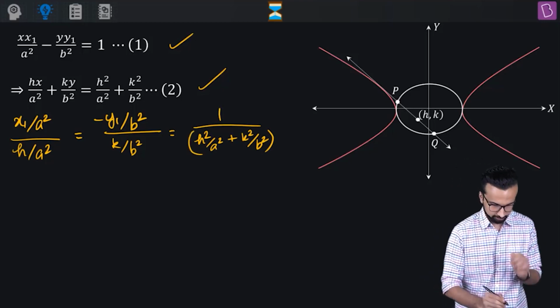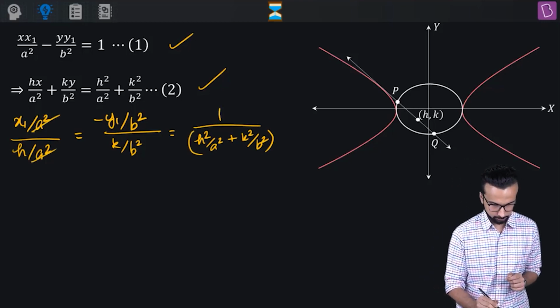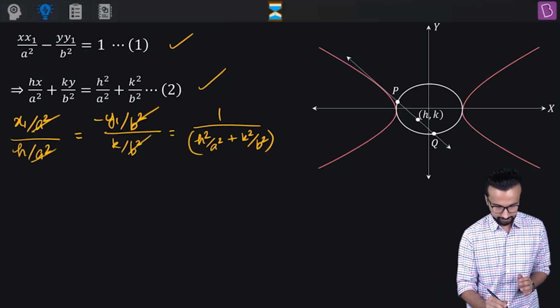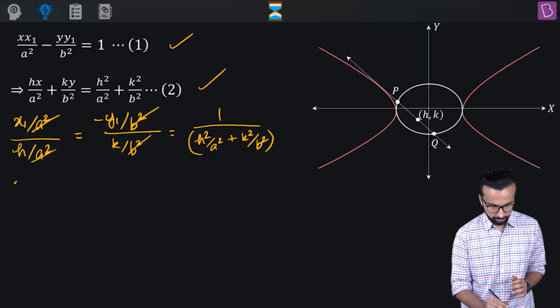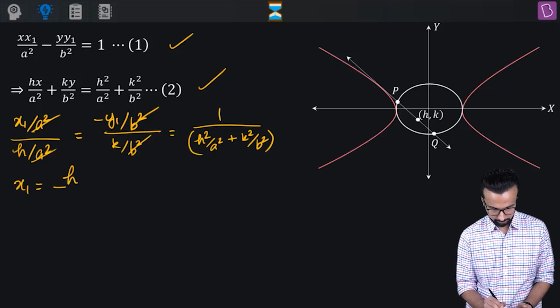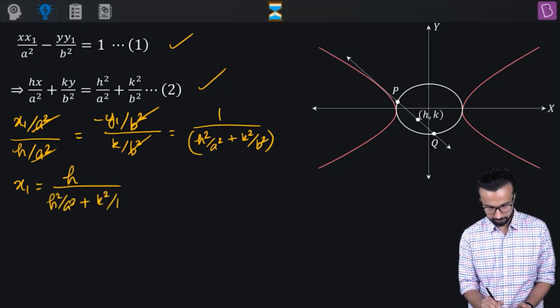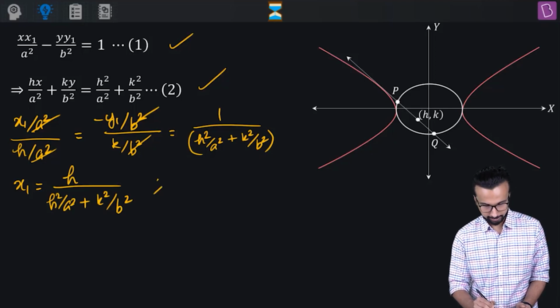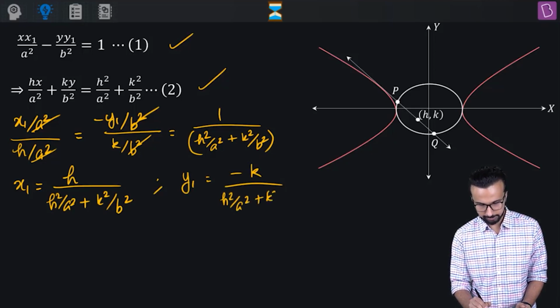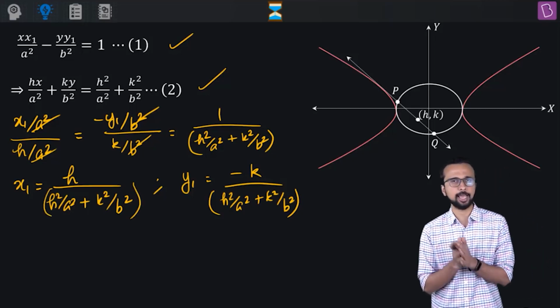I can cancel out a square, b square from the first two parts. So x1 is equal to h divided by h square by a square plus k square by b square, and y1 equals minus k divided by h square by a square plus k square by b square. Okay, I have x1 and y1 like this.